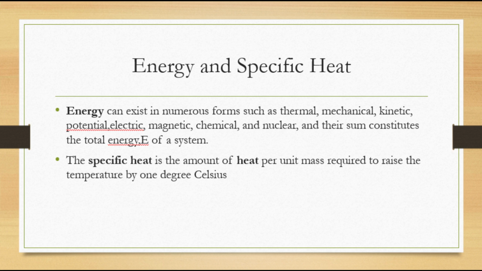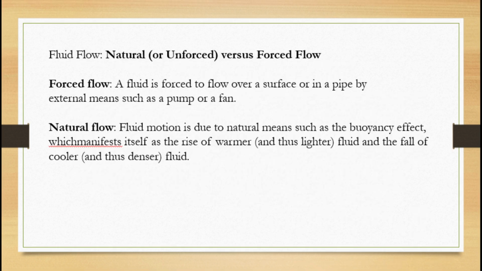Specific heat is a physical property of matter. It can be defined as the amount of heat to be supplied to a given material to produce a unit change in its temperature. And classification for energy is natural versus forced flow.